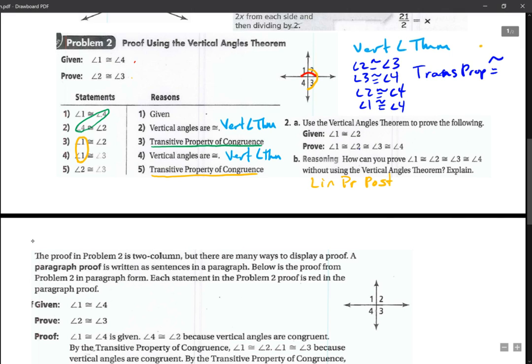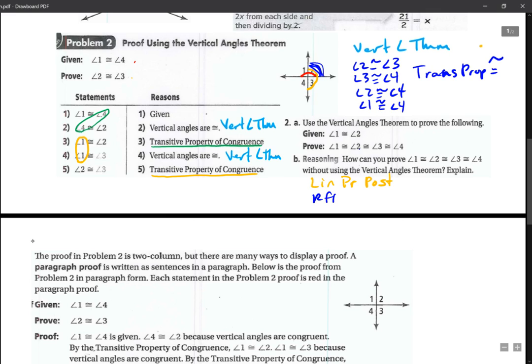If I know 1 and 2 are congruent, and then I have linear pairs, then I know 2 and 3 are a linear pair, 1 and 2 are a linear pair, and they're going to share angle 2 here, right?